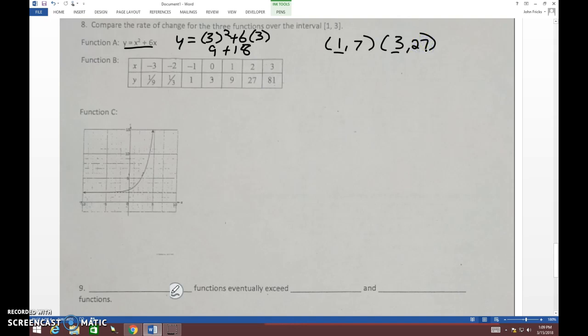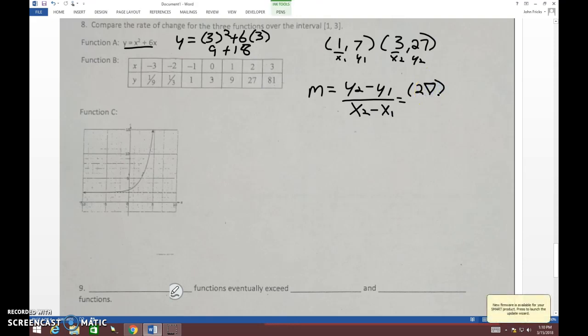All right, so once we got our values, we can label x1, y1, x2, y2, and we're going to use the slope formula for this particular problem. So slope formula is y2 minus y1 over x2 minus x1. So here y2 is going to be 27, and then minus y1 is going to be 7.